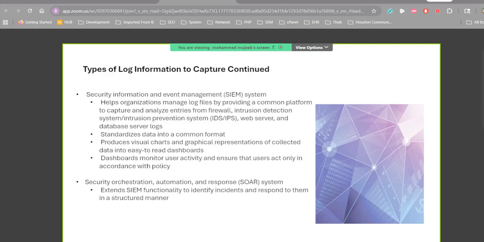So basically, what SOAR does is, if there is an incident happening live, it has the capability of responding to it right away in a structured manner, whatever manner you want it to respond. So then SOC doesn't have to call you. For example, if you try to log into your system 5 times within a minute with an incorrect password, then your system gets logged.